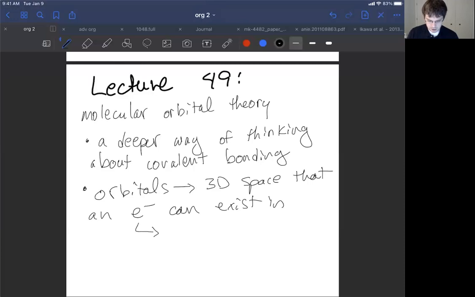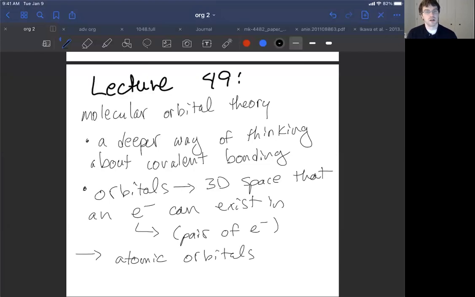And by an electron, it could be an electron or a pair of electrons, two electrons within an orbital, right? Okay, so we started by looking at atomic orbitals. And atomic orbitals are orbitals that can hold an atom's electrons.